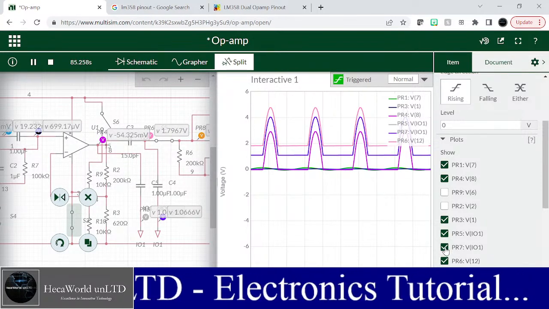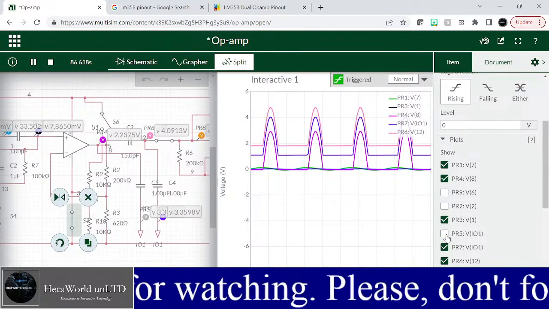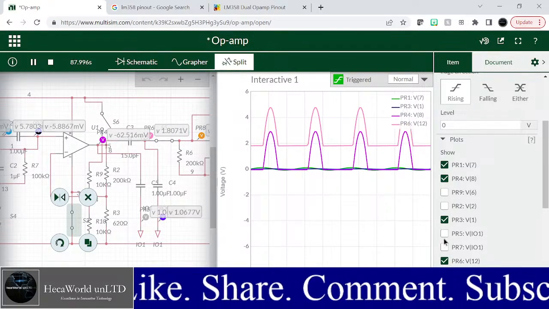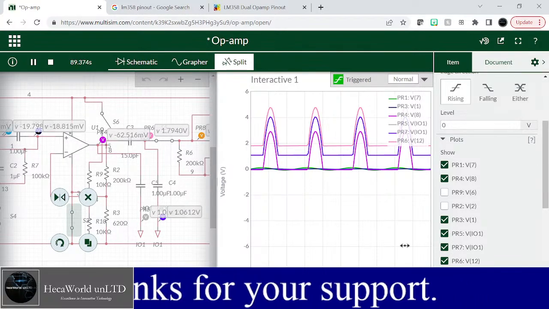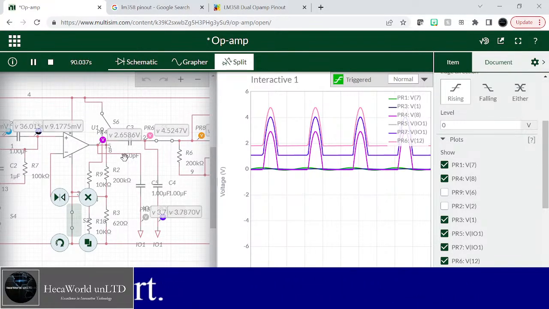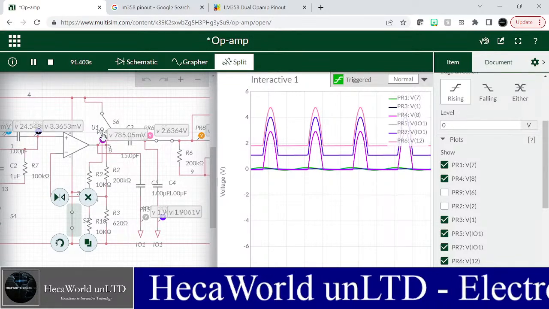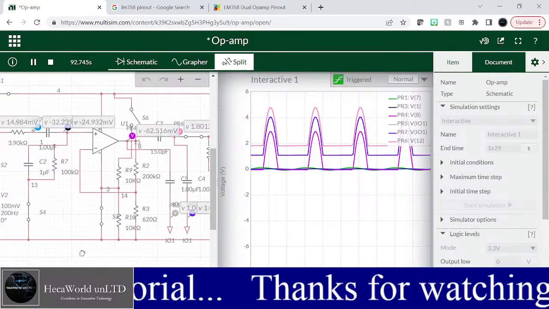It seems 7 and 5 are the same. So this is 4, and let's go back here.